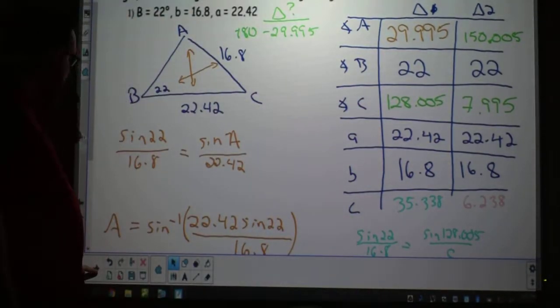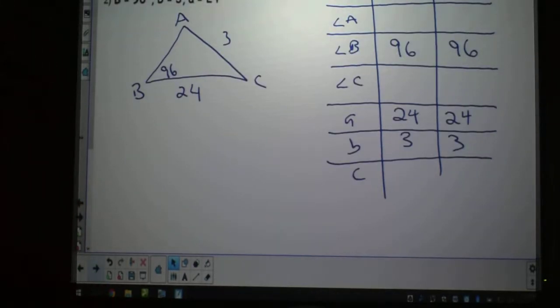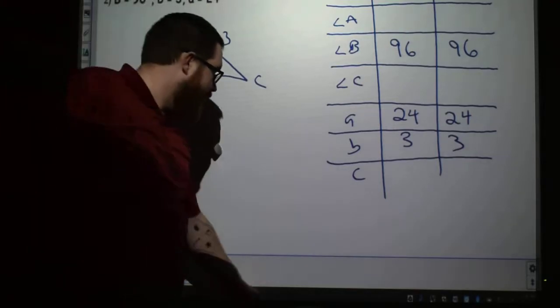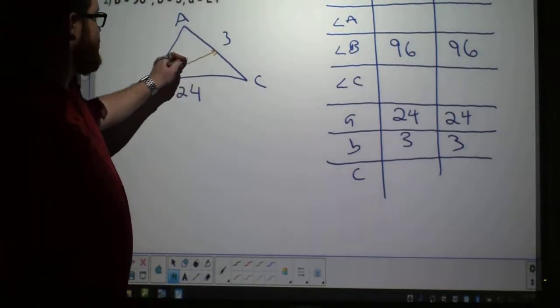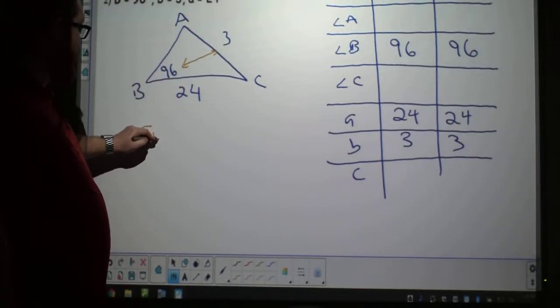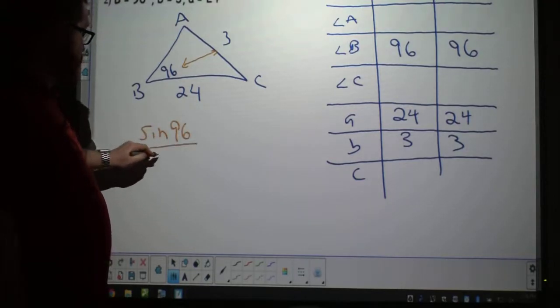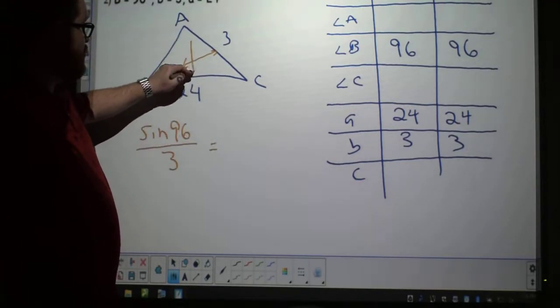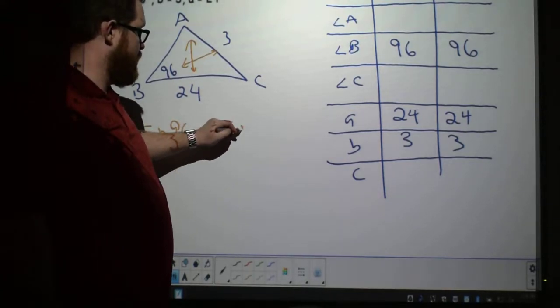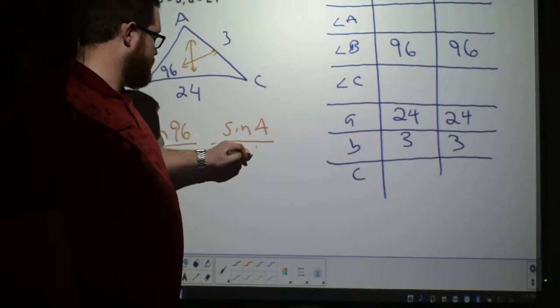Not every side-side-angle problem has two solutions. Let's try another one. Angle B is 96 degrees, side B is 3, side A is 24. Well, I have an angle and a side that match. I can say sine of 96 over 3 equals sine of A over 24.